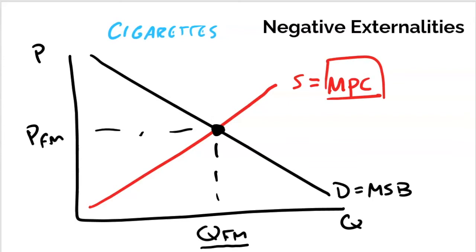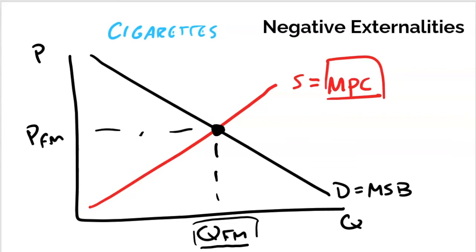Well, here we know that smoking cigarettes is bad. And so where is our marginal social cost curve if we take into account how bad smoking is? Because obviously as a society, we want fewer cigarettes to be produced than at this free market equilibrium quantity.